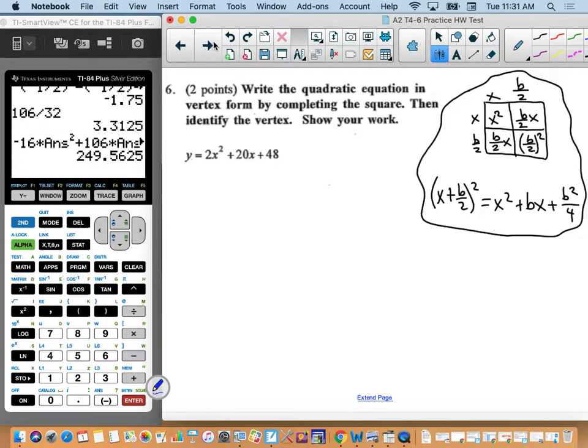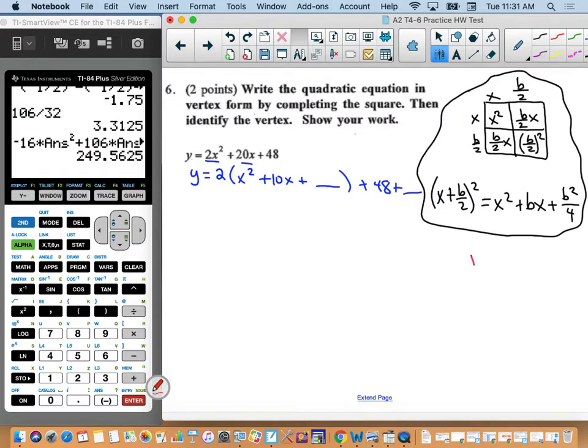So the steps here to complete the square is we're first going to factor out the 2 from the terms with the variable. So I factored out a 2 from each of these. You'll notice I also left a blank. That blank there is to complete the square. I'm going to put another blank after the 42 to balance what I do to complete the square.